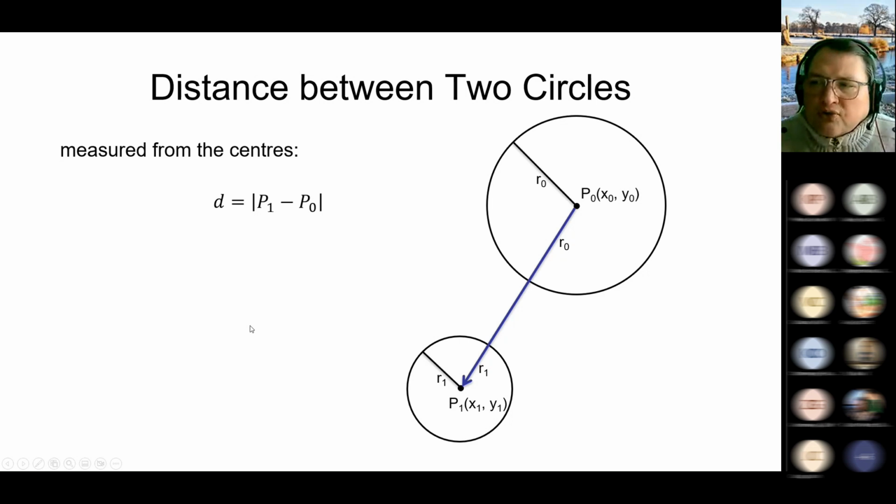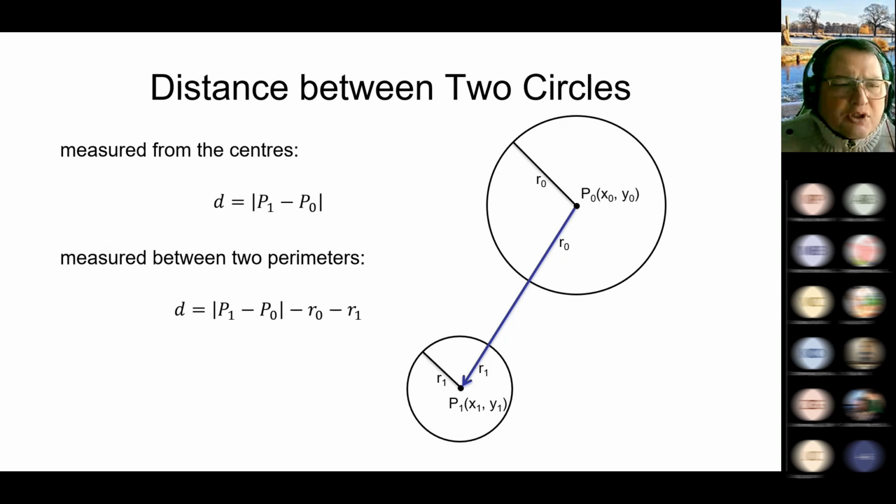But to find the distance measured between two perimeters, you just need to subtract both radii. So it's the distance between the centers minus R0 minus R1. R0 is the radius of this bigger circle. R1 is the radius of this smaller circle.